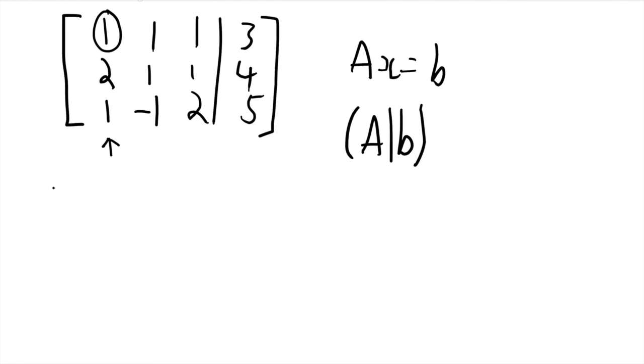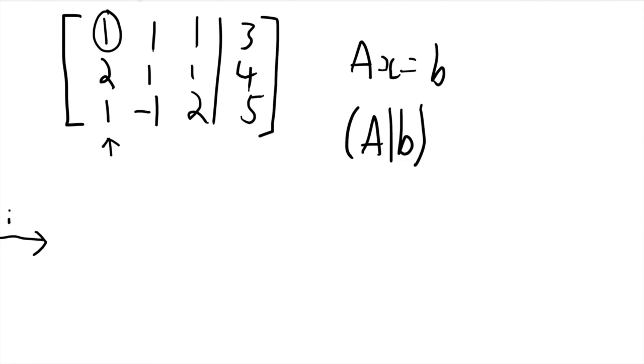Okay, so knowing that these are the different operations we can do, we need to make the second row start with a 0. And the way that we're going to do that is to take away 2 times row 1 from row 2.